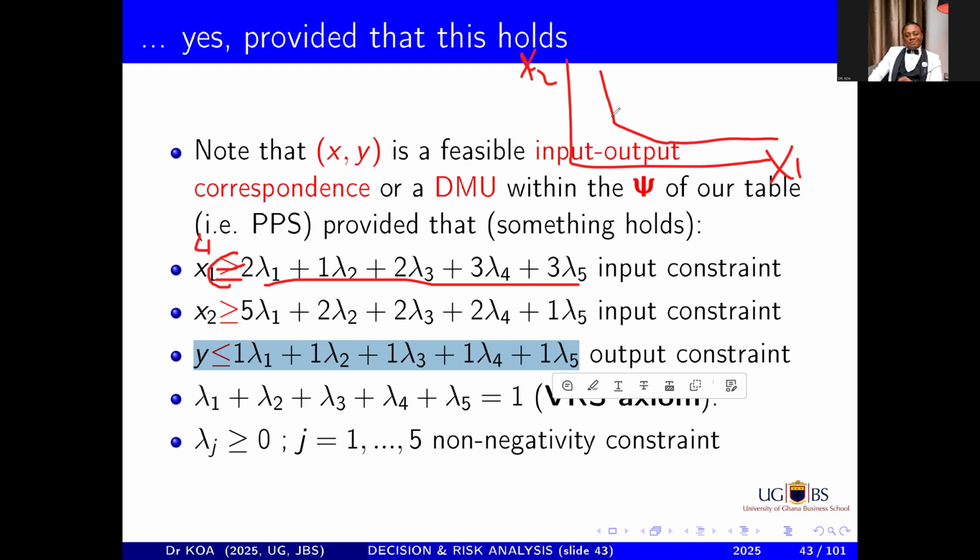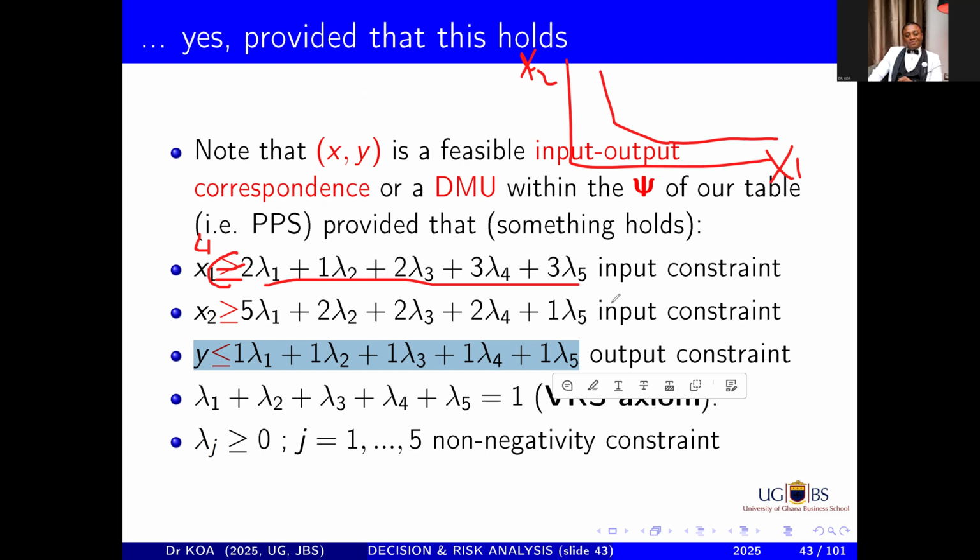What value should be on the right-hand side? I expect it to be 4 as well. Exactly. We expect it to be 4.